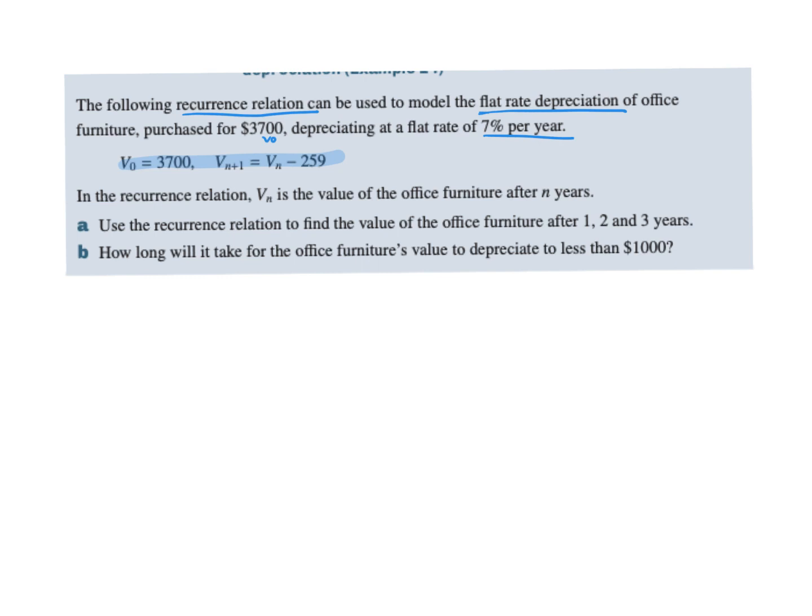All right, so it says use the recurrence relation to find the value after 1, 2, and 3 years. So we want V1. So V1 equals the initial minus 259, which equals 3441.